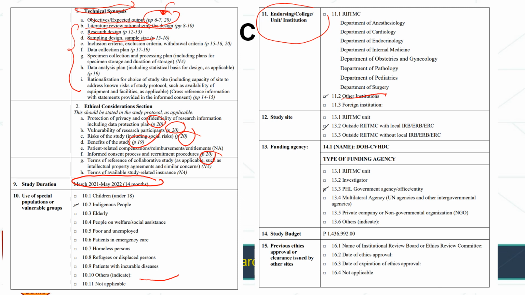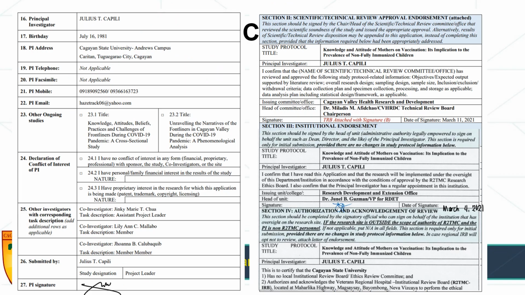And then the study site, this would be outside R2TMC for you. Funding agency, no funding agency. Okay, there's no funding agency. Study budget, you can just write your approximate study budget. Then if there is a previous ethics approval or clearance issued, this one's for you is not applicable.